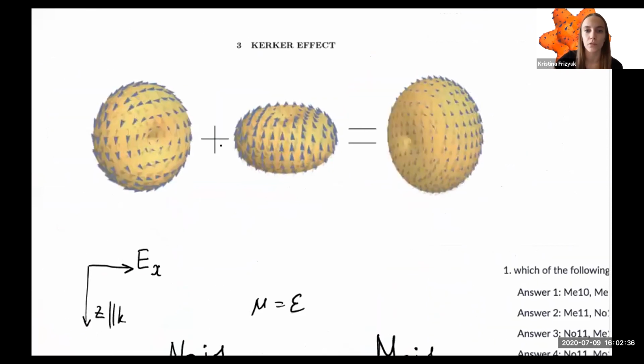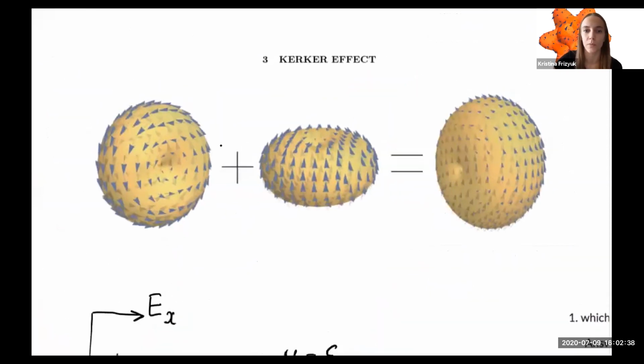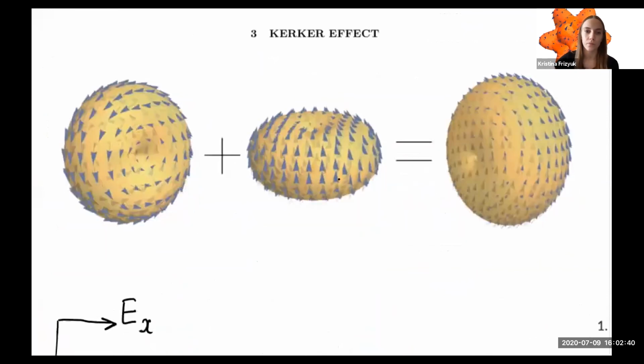So, well, let us look at the similar picture. Here in the same case, we try to add up a magnetic dipole and an electric dipole. And they're just perpendicular.